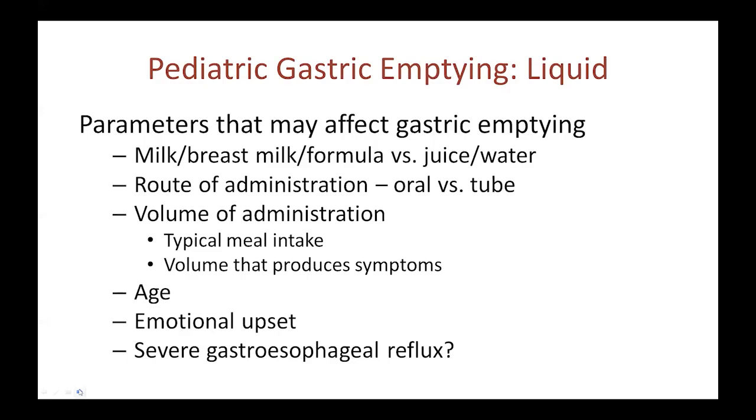Patient age and emotional upset can both have an effect on gastric emptying. And then finally, one other issue is the possibility that severe gastroesophageal reflux, that is retrograde emptying of the stomach, may affect the rate of anterograde emptying. And this needs to be evaluated on a case-by-case basis.